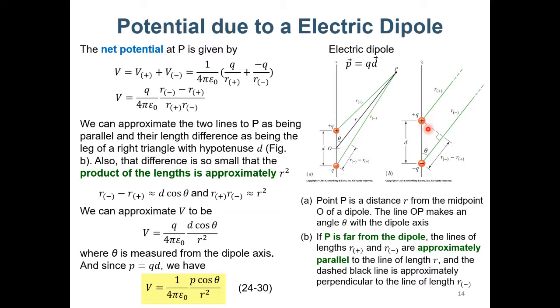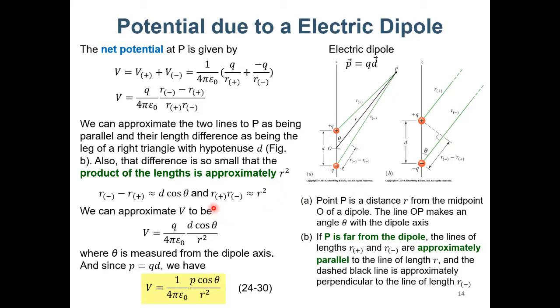Then R minus minus R plus will be this segment within a right angle triangle. So this is theta, this is d, and this segment will be d cosine theta, like this here.